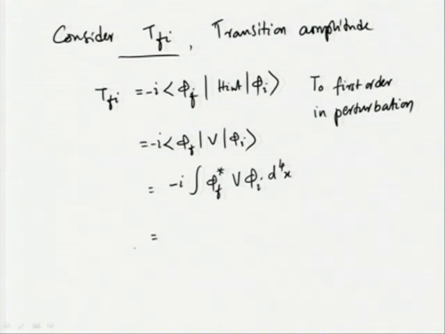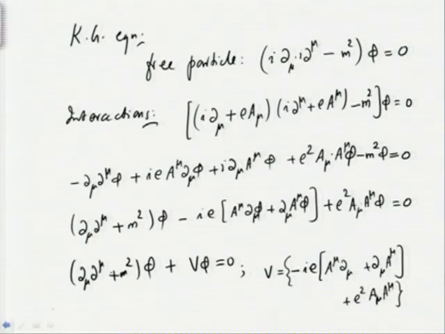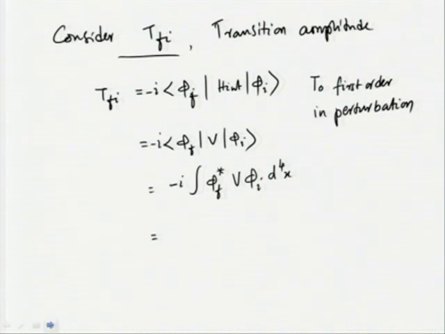For the potential that we just now considered, we can write this as minus i times the integral of phi f star and the potential, which is minus i e (a^mu dou_mu plus dou_mu a^mu), actually a minus, because of the minus, right.